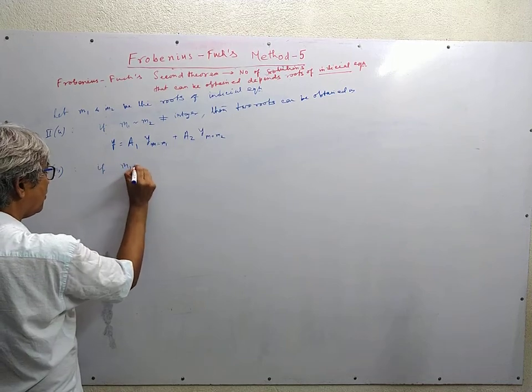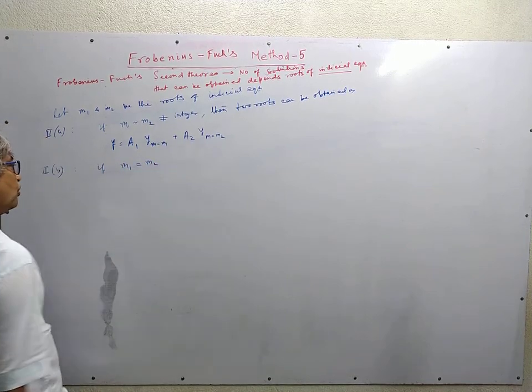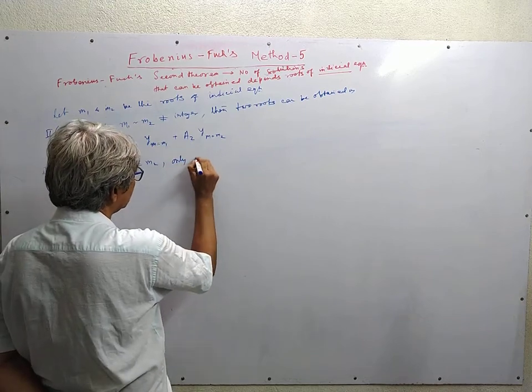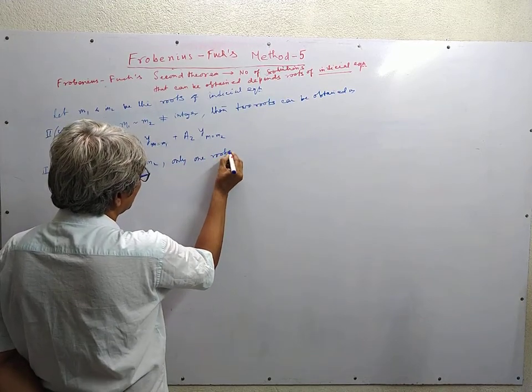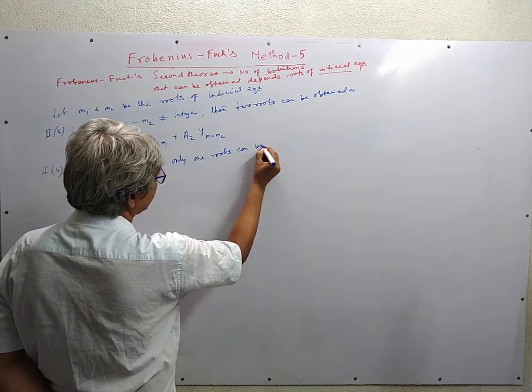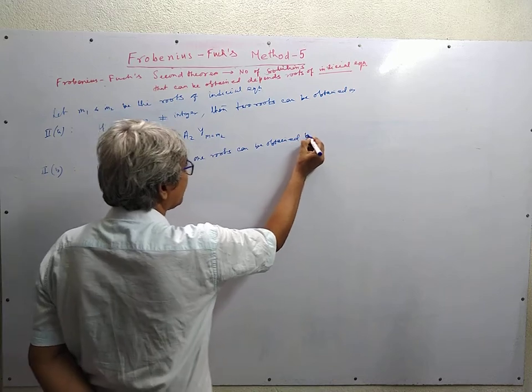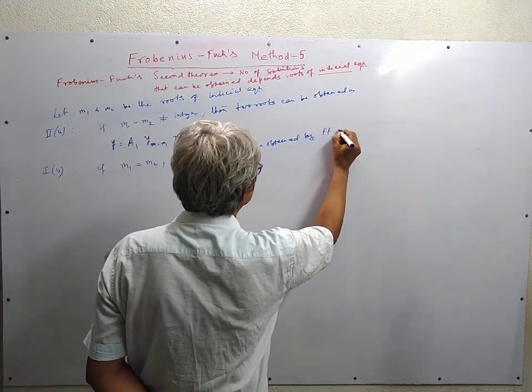The second, this B part says, if m1 is equal to m2, only one solution can be obtained by the Frobenius-Fuchs method.